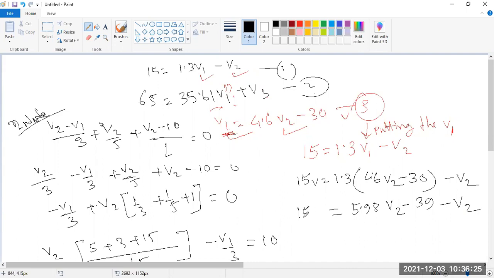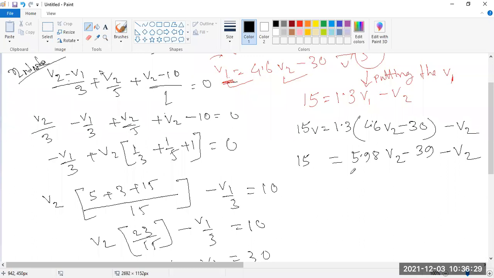Here is 15, and this is 39, so it will come near about 54. If you do this minus, then it comes 4.98 V2.